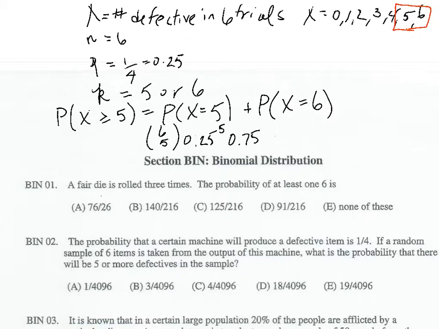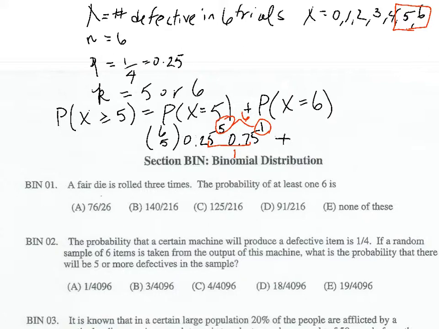If there's 5 successes, then there should be 1 failure, because 5 and 1 make 6, which is the number of trials. And the 25% chance of a success plus 75% chance of a failure total to 1. Okay? Continuing.